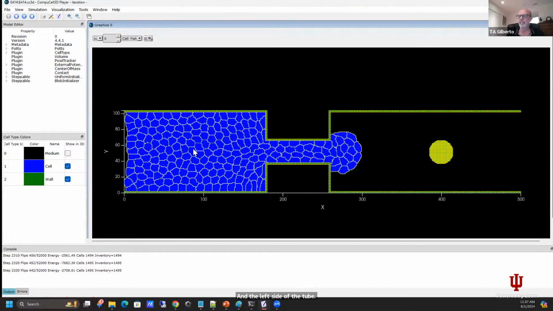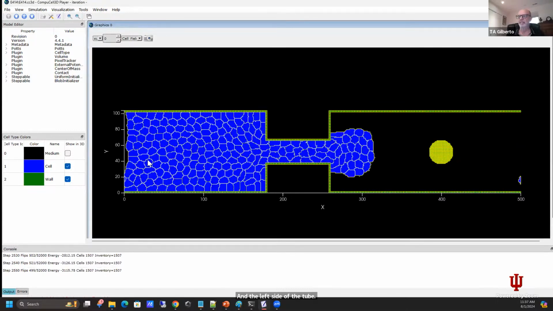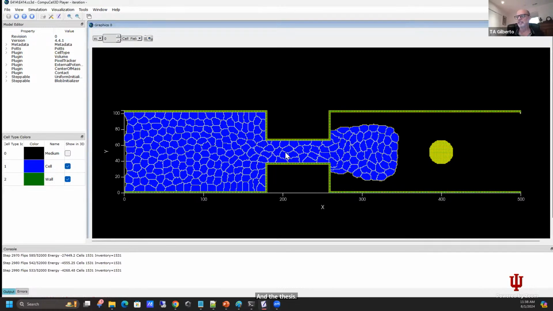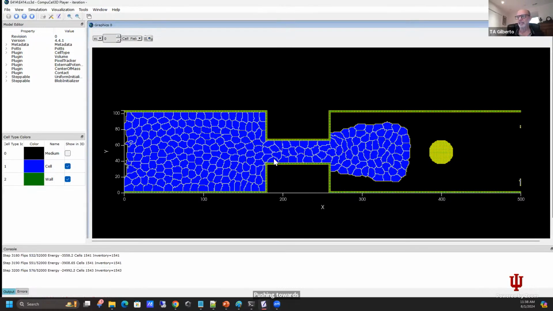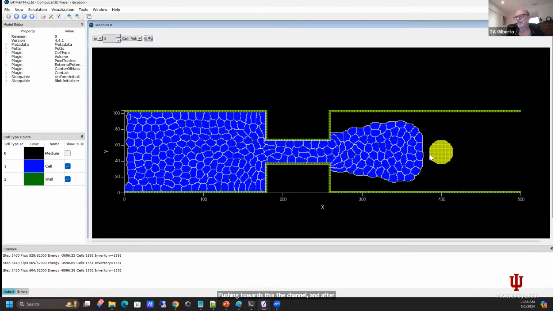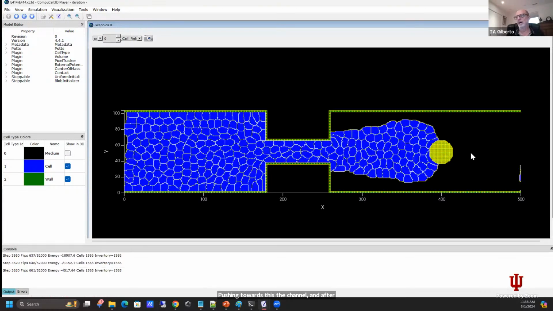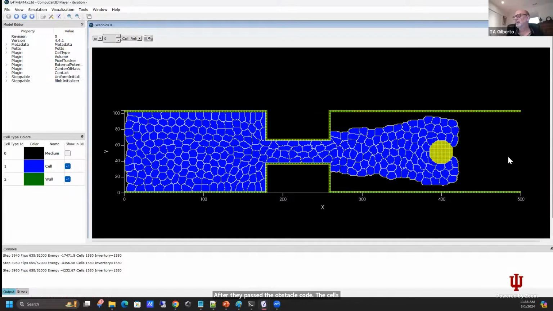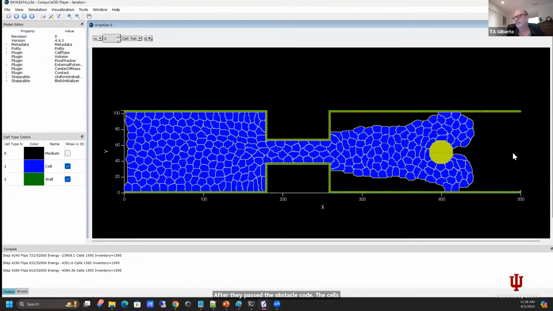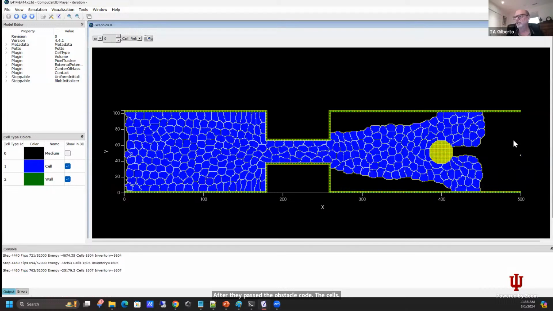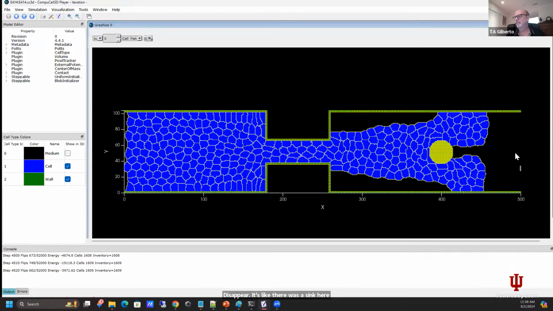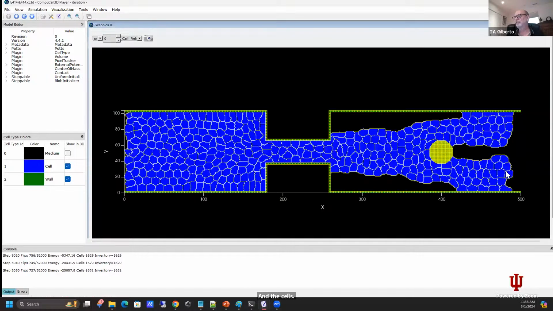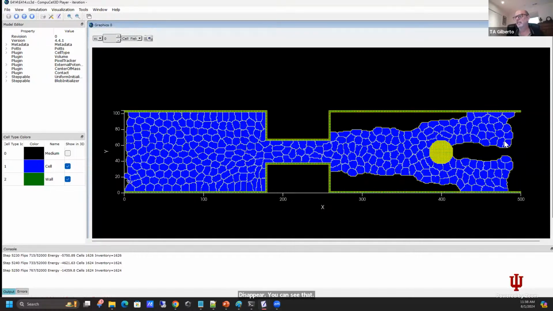There is some force acting over them, and this force is pushing them towards the channel. And after the channel, they find an obstacle. After they pass the obstacle, the cells disappear. It's like there was a sink here, and the cells disappear. You can see that right away. See, the cells are disappearing on the left side, the right side.